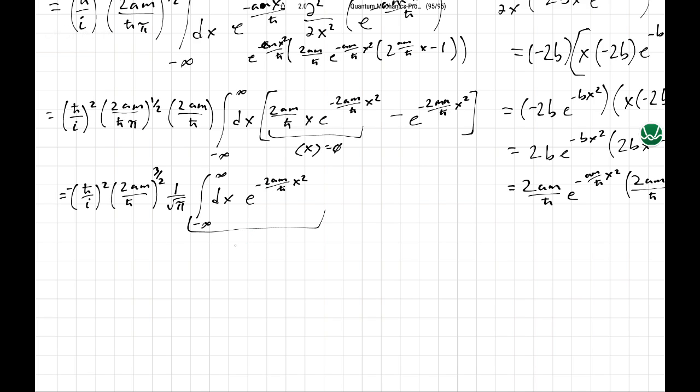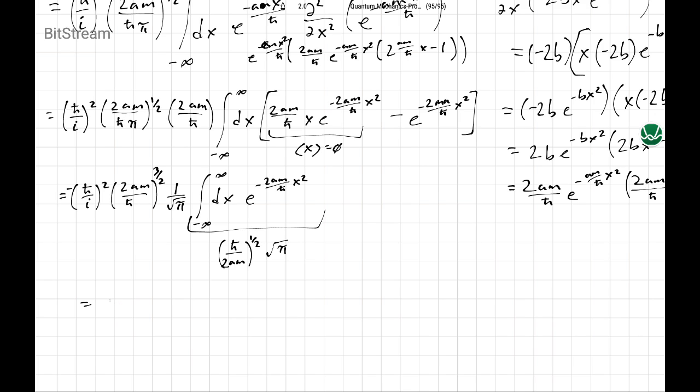we did it before with our u substitution, so we can use the result that we had before, because that's going to be h bar over 2am square root times pi, square root pi.